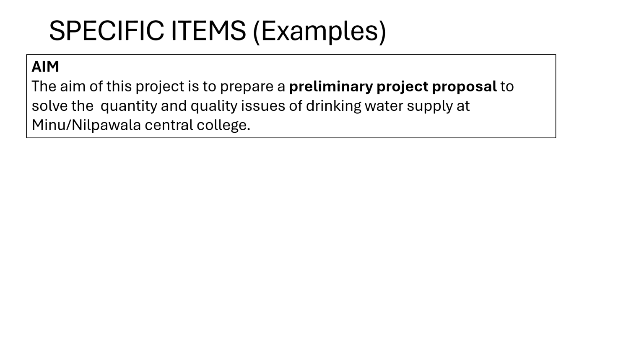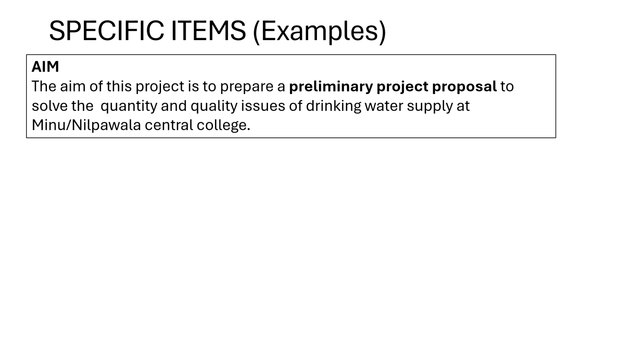When you look at the aim, now that the problem statement is clearly written, it's easy for us to write the aim. So the aim of this project is to prepare a preliminary project proposal to solve the quantity and quality issues of drinking water supply at Minu Nilpanava Central College. Right? You understand?